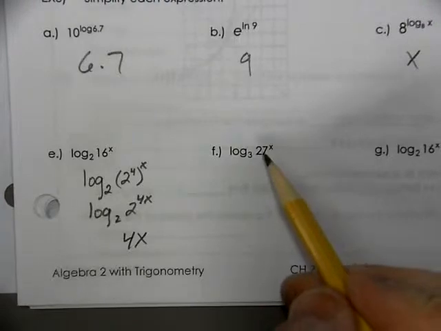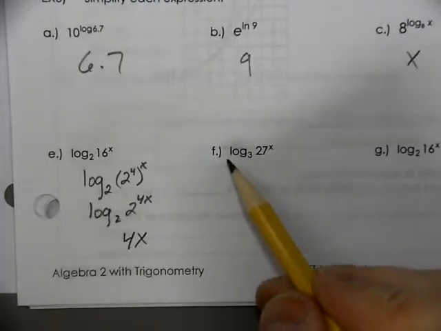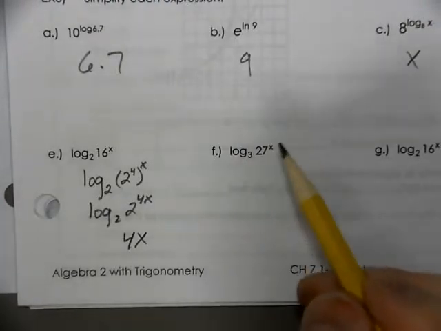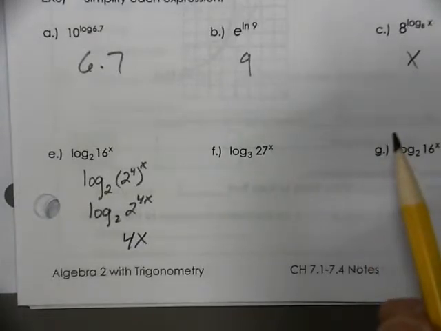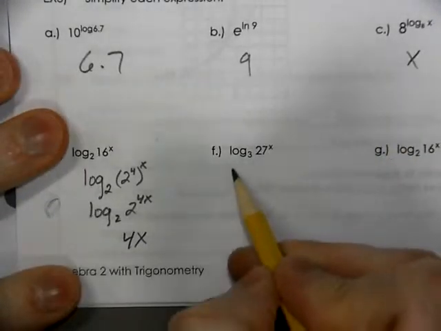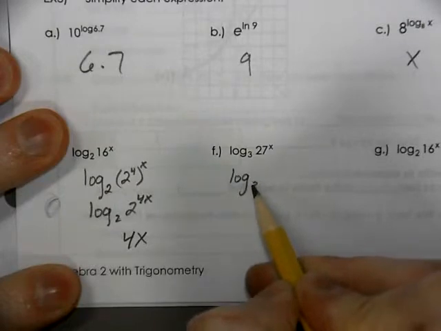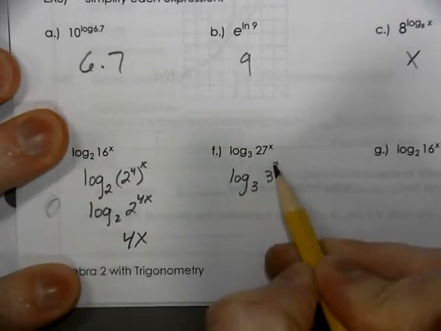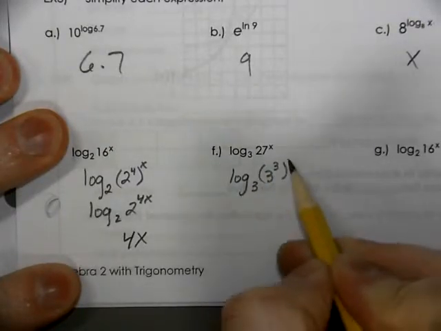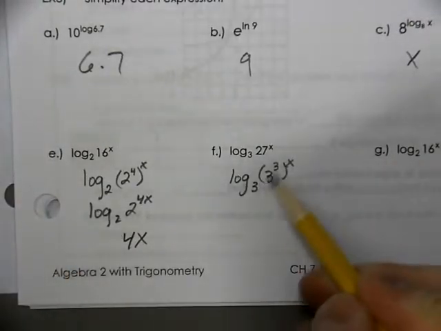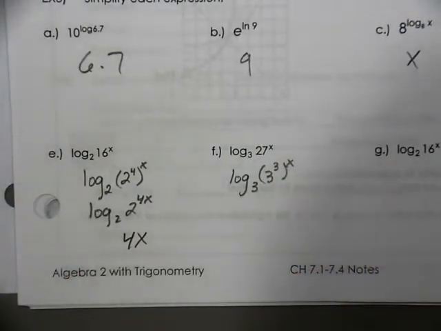Here, 27 is not the same base as 3. The question is, can we make it have the same base as 3? 3 to the 3rd is 27.